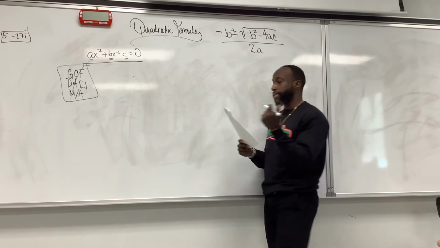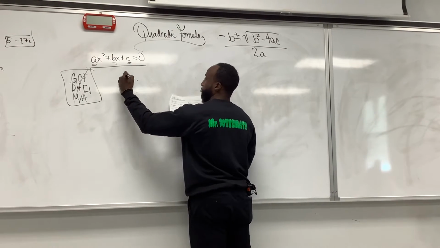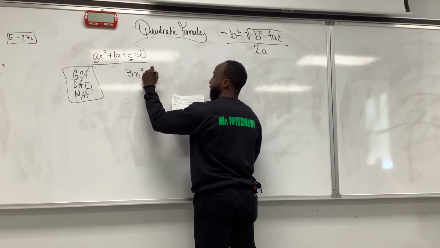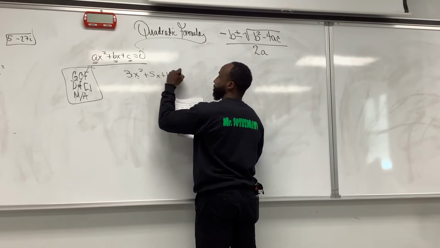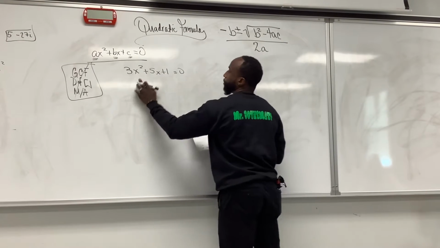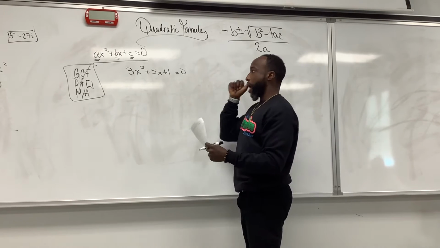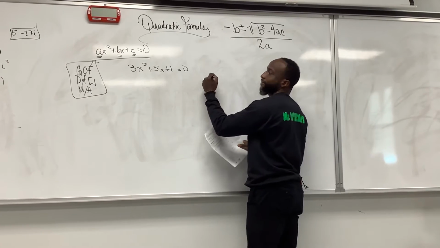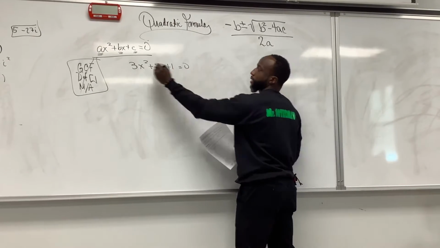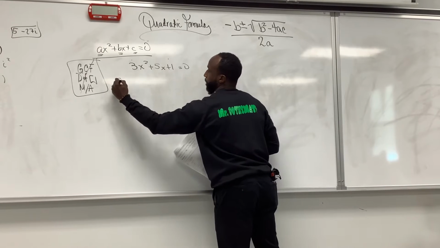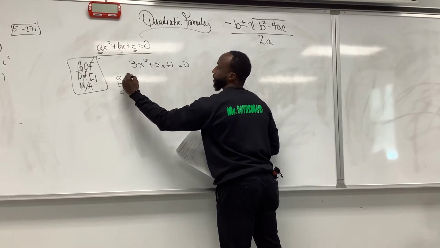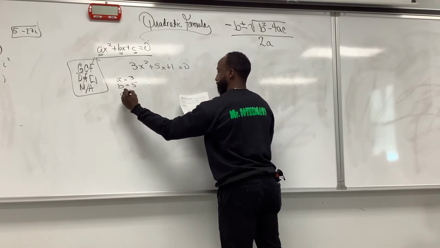So let's look at this equation. This is number one: 3x squared plus 5x plus 1 equals 0. If we were to try to factor this, a equals 3, b equals 5, and c equals 1.